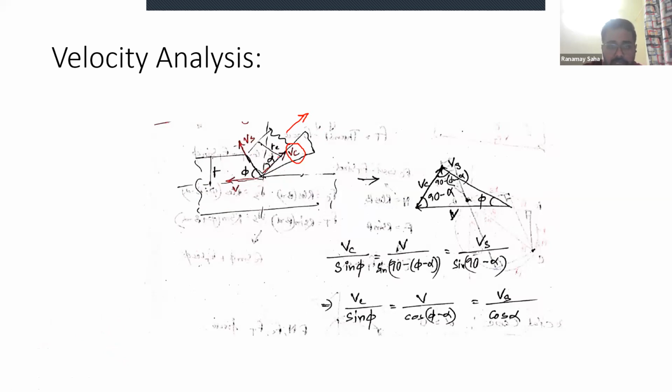So all these angles we have discussed. So just you put in the vectors v. This is coming in along this direction. Okay, so you take it as v, and then Vc you just take it up from here and put it in this plane.